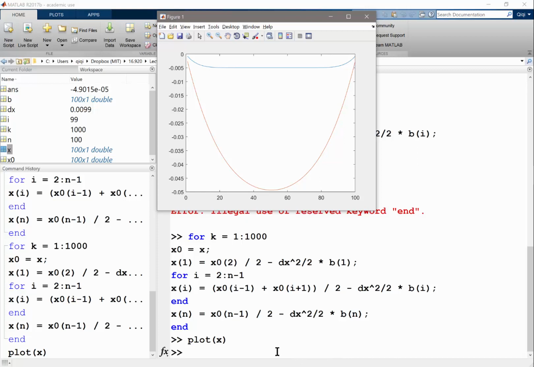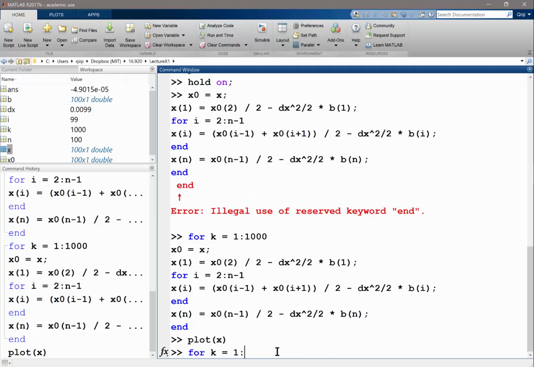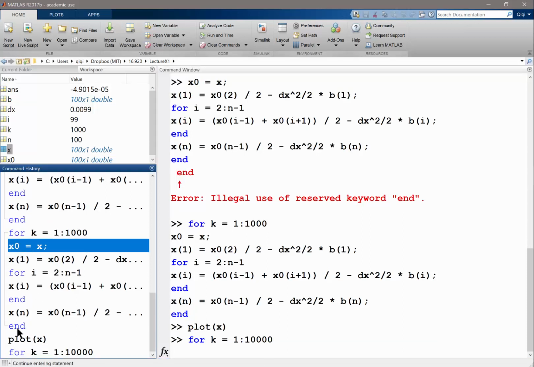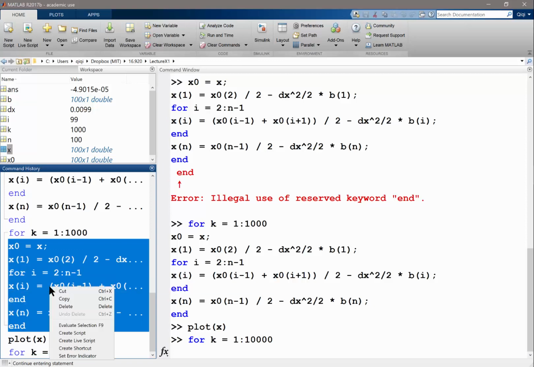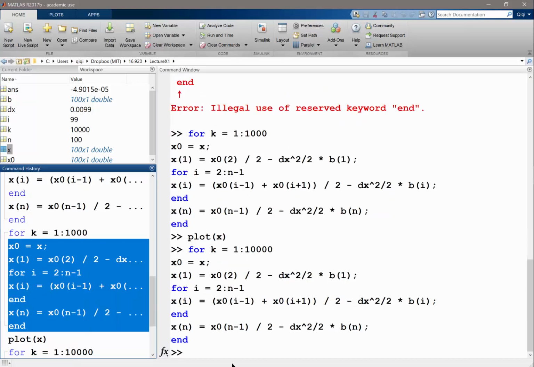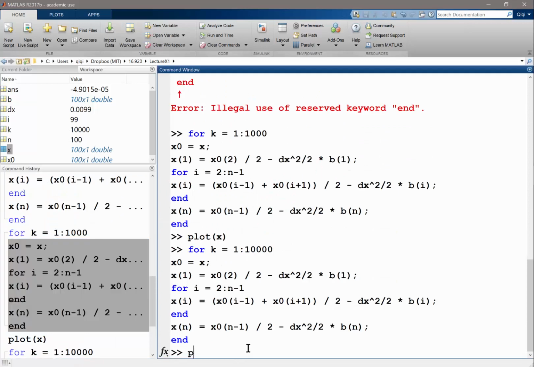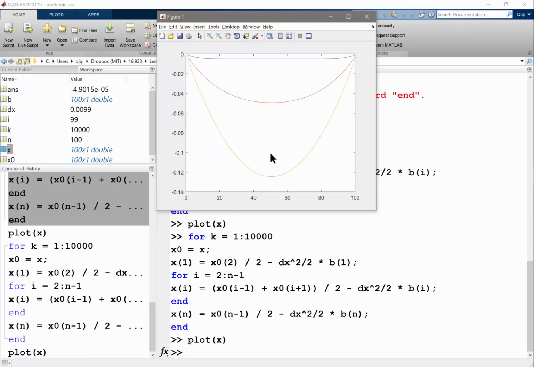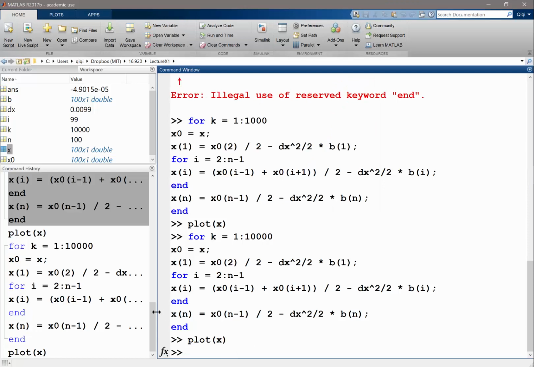If x keeps changing, that means I haven't converged. Now let's do 10,000. Evaluate. I want to plot again. I get another factor of change, so my solution probably still hasn't converged.